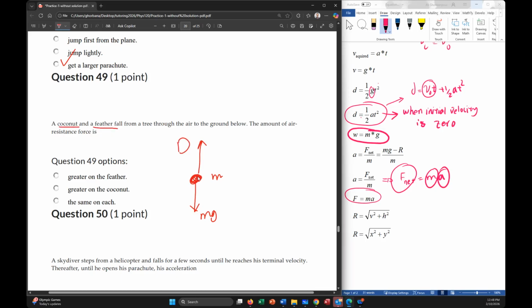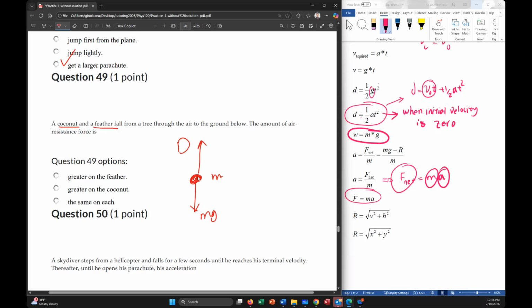One is the feather, and the other is the coconut. Again, this M can be anything: a feather, a ball, a coconut. So if you want to keep mg equal to the drag force, the drag force is going to be equal to the weight of the falling object.